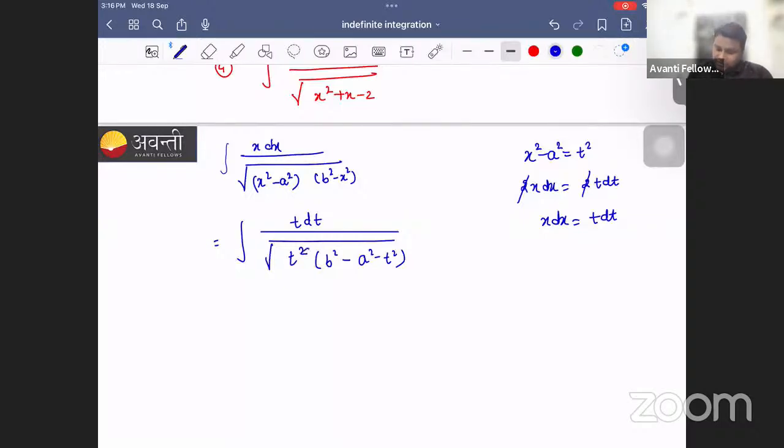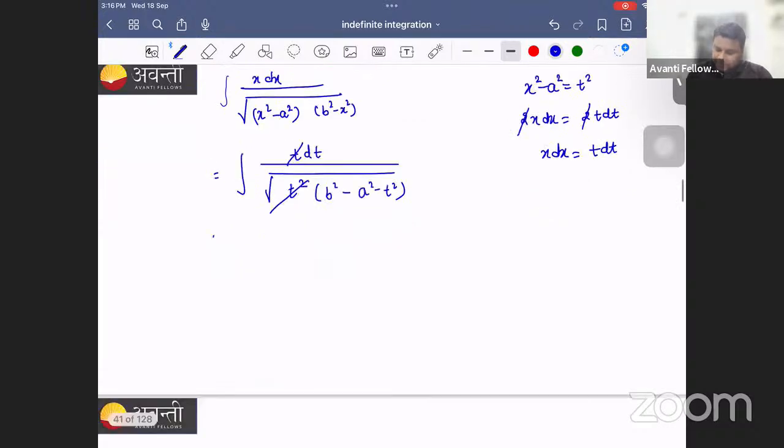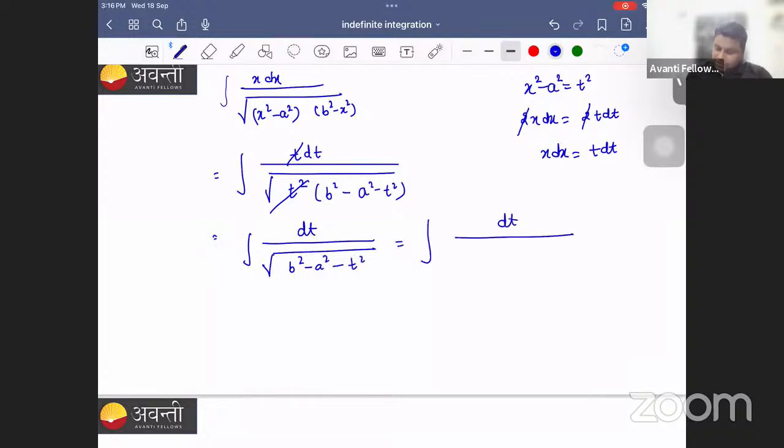Now this t square will come out, t cancel. So this goes integration dt upon under root of b square minus a square minus t square, which I can write as dt upon under root of b square minus a square whole square minus t square.